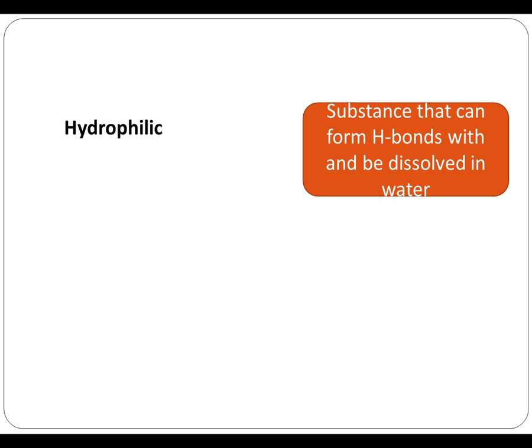Hydrophilic substances are either polar, so either have a partial charge or are fully charged. So in summary, basically polar molecules or your ions that are fully charged, your cations and your anions. So polar molecules and ions tend to be hydrophilic.